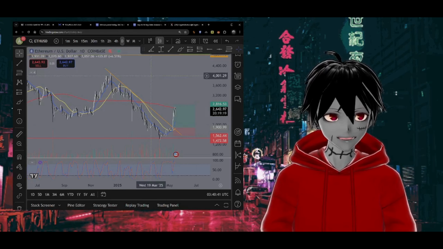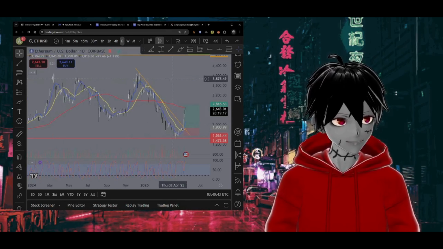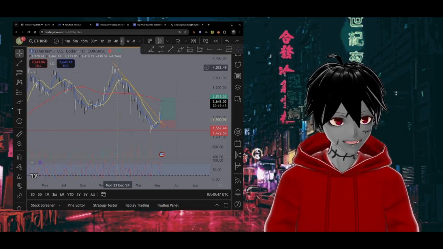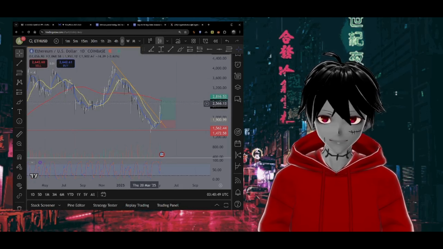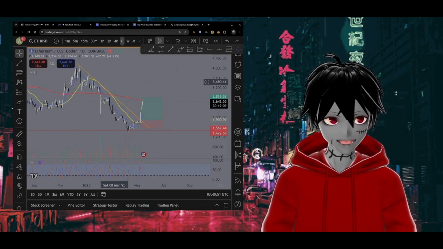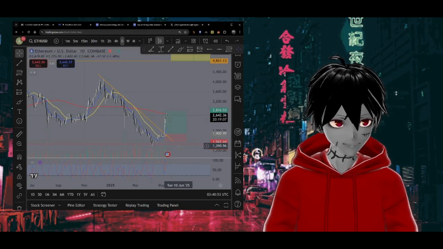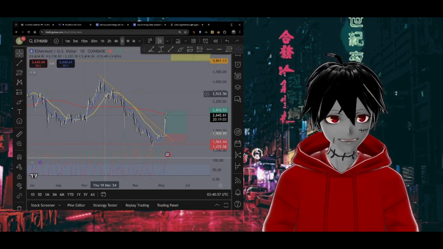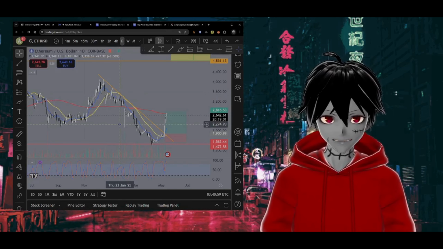So this is the day chart. Back in December and the beginning of this year, we've been in a constant downtrend. That's what this orange line I put is. How you read these downtrends is you've got to see lower lows. What is a lower low?